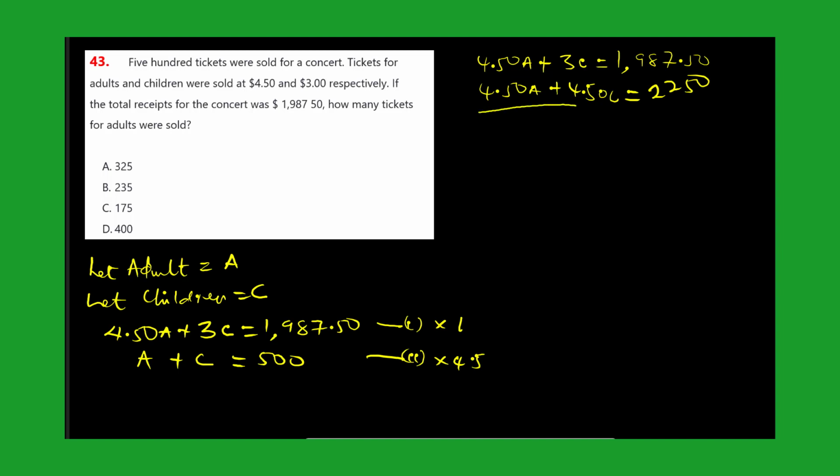So let's eliminate. This will be 0. Then 3C minus 4.5C.